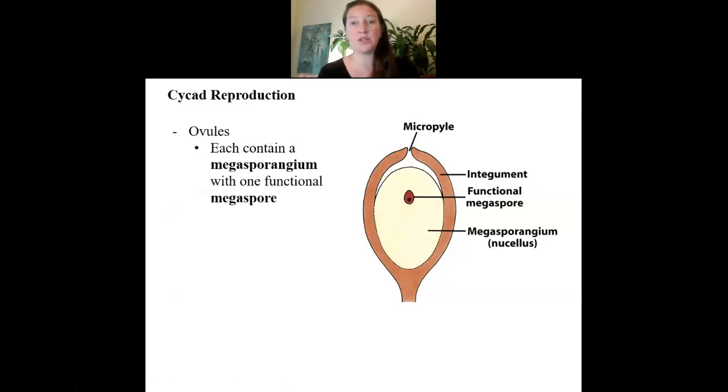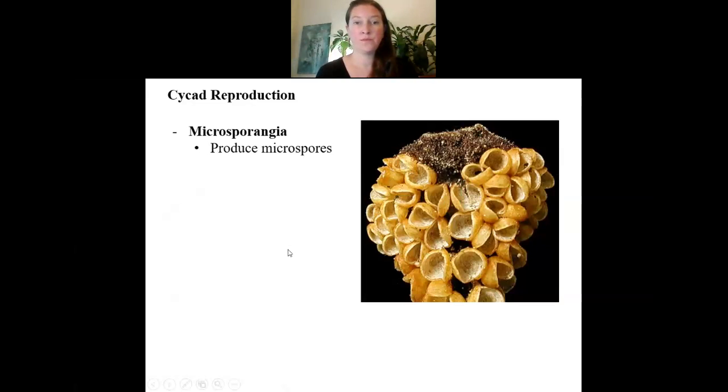So megasporangium is going to make megaspores, and that is located inside of the ovule. Likewise, microsporangia are going to make microspores. So this is a close-up, we'll talk about it in a second. And this thing that I've circled that kind of looks like a little yellow Pac-Man, that is one microsporangium.